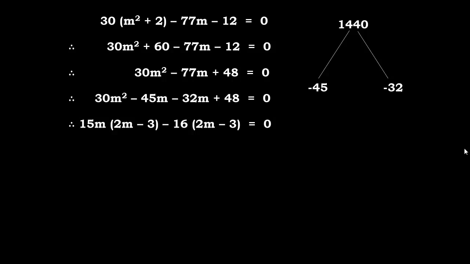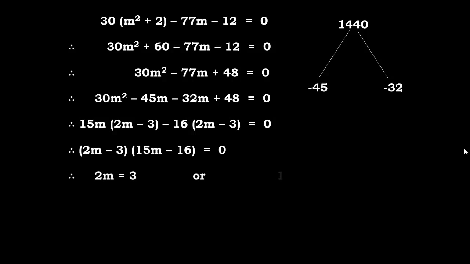Now see, 2m minus 3 is common. In the second bracket we will have 15m minus 16 is equal to 0. That means 2m minus 3 is equal to 0, or 15m minus 16 is equal to 0.